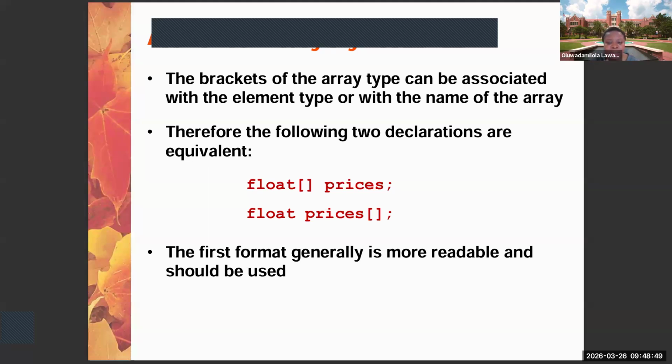Our integer data type cannot hold more than one value for a single variable. So in order to hold more than one value for a single variable, what should we do? Then we need to create an array.